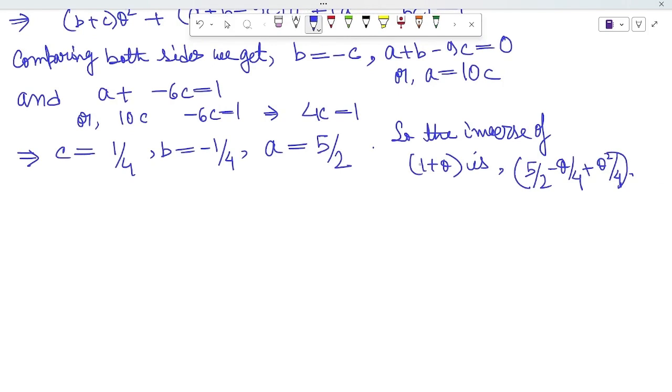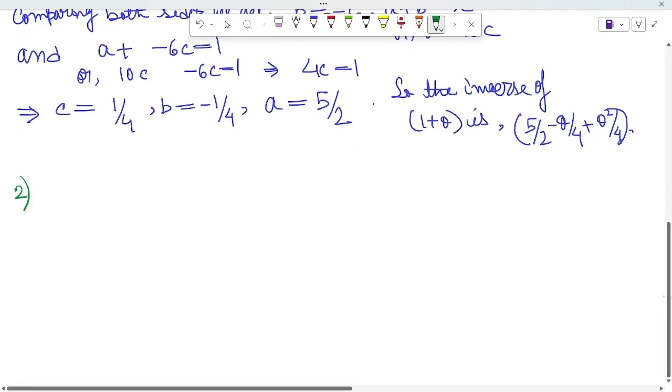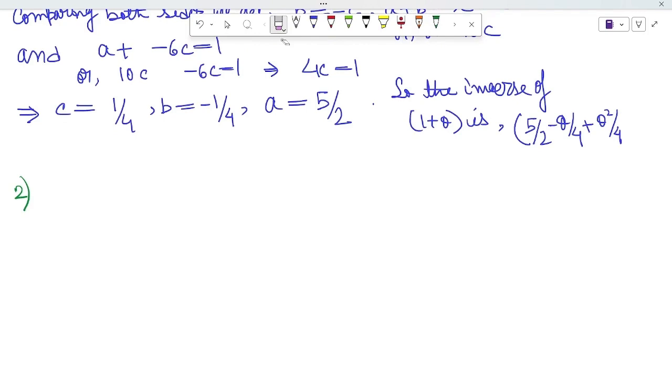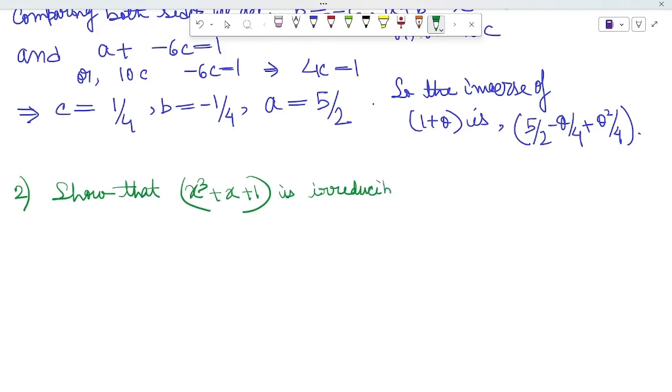Next problem is that x cube plus x plus 1 is irreducible over F2, and theta be a root.